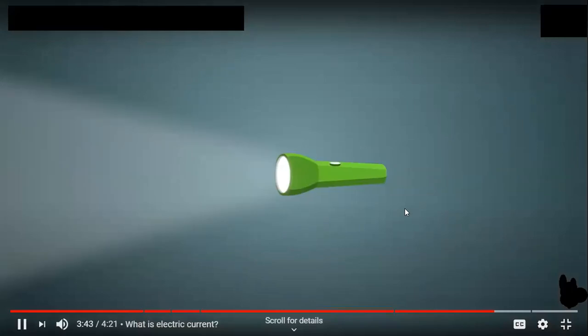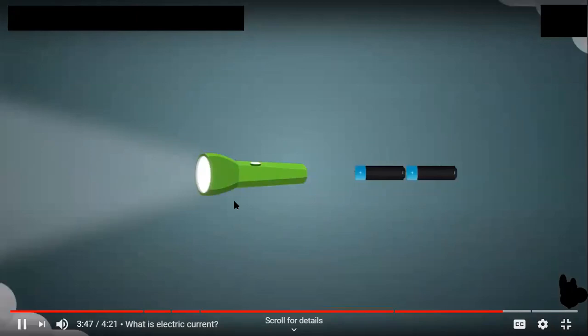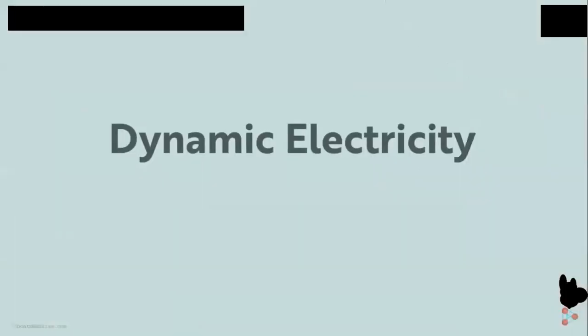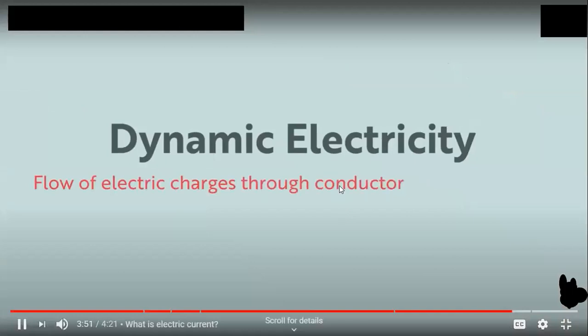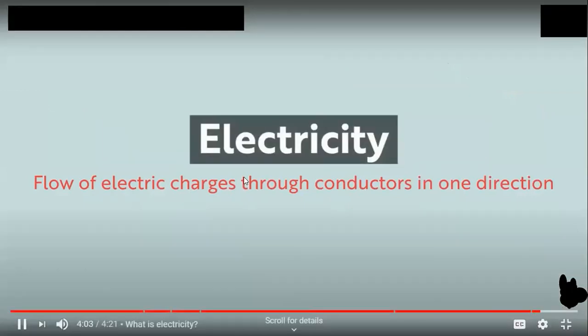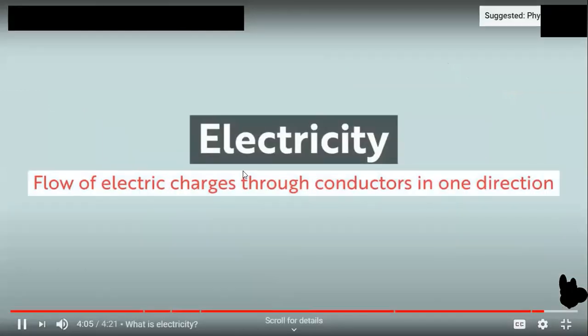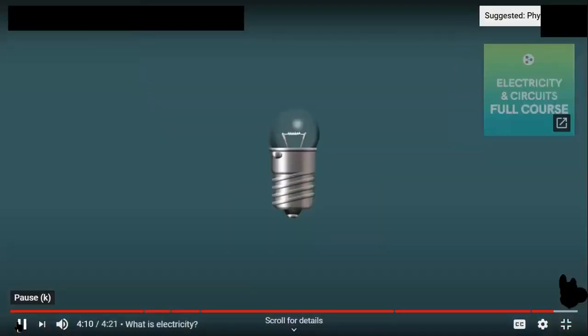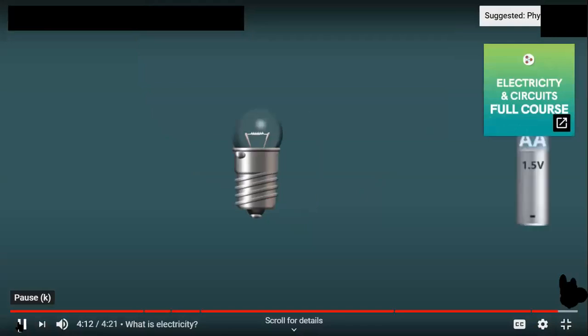In the same way in the bulb also, the light source is flowing in one direction because the battery has the plus and minus sides. Now dynamic electricity means flow of electric charge through a conductor in one direction. That you have to note down. That is the point.